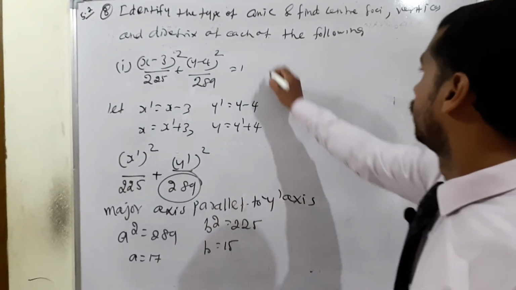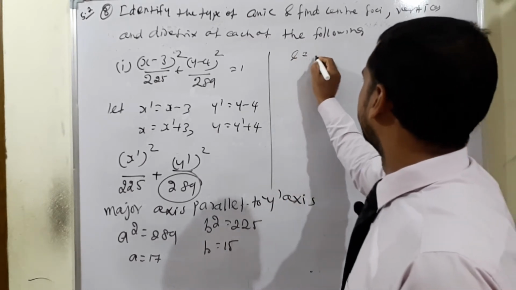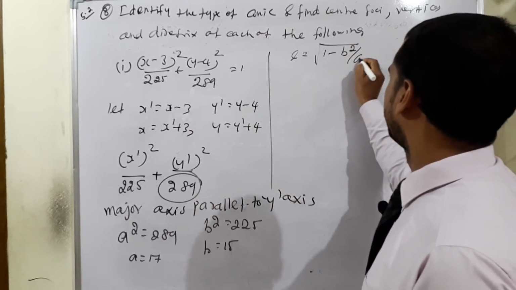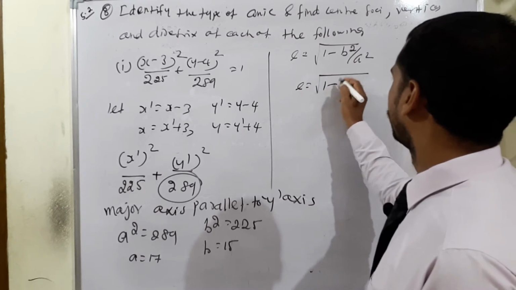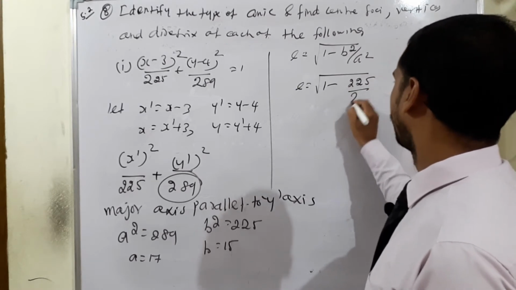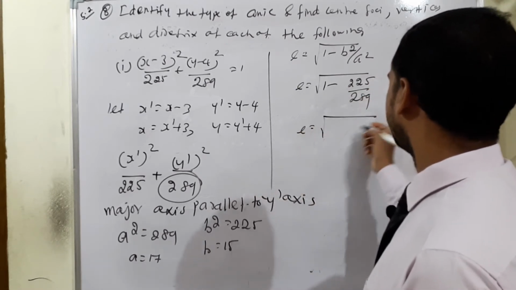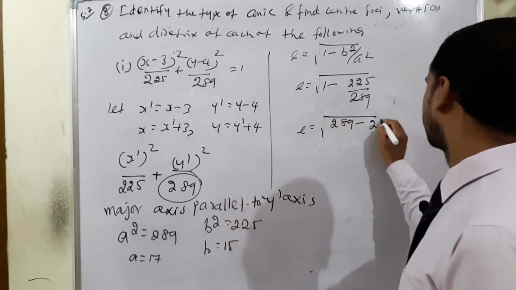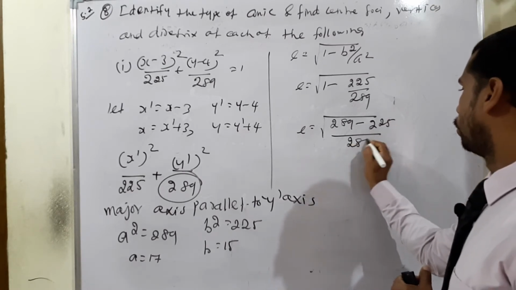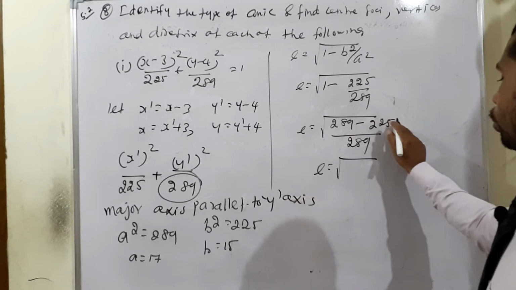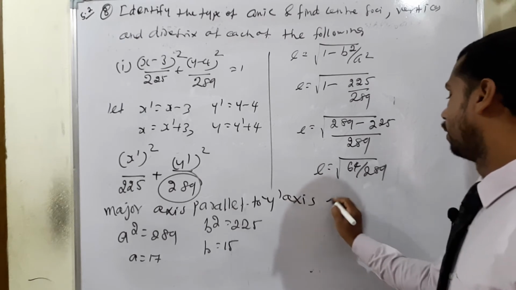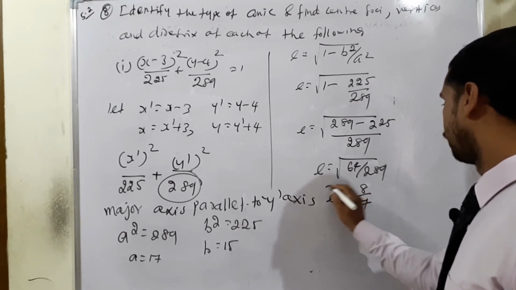Now to get the eccentricity. This is an ellipse, so E is equal to the square root of 1 minus b square by a square. The value is 225 divided by a square, 289. Therefore E is equal to the square root of (289 minus 225) divided by 289, that is 64 divided by 289, therefore E is equal to 8 divided by 17.